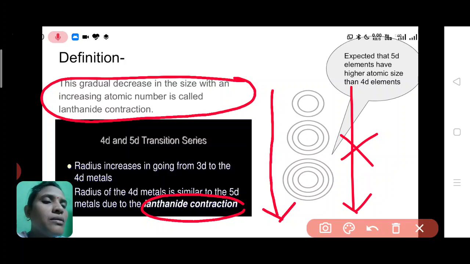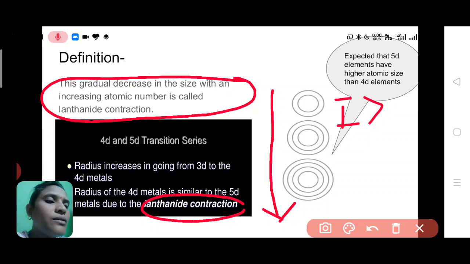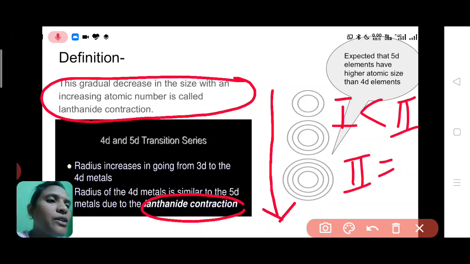Here the first element is greater than the second element. The first element is less than the second, but the second element is equal to the third element, and this is due to lanthanoid contraction.